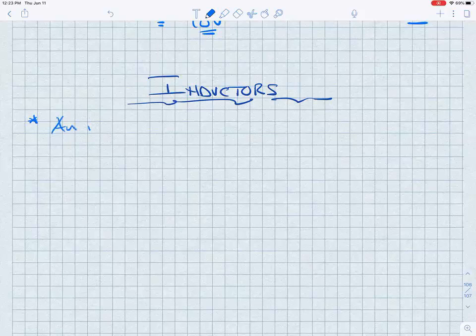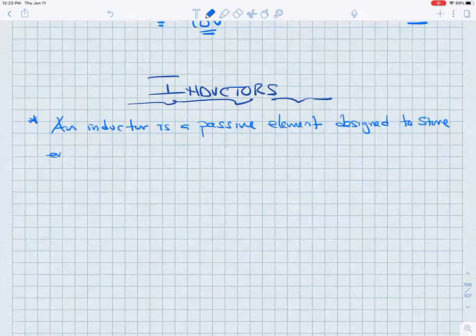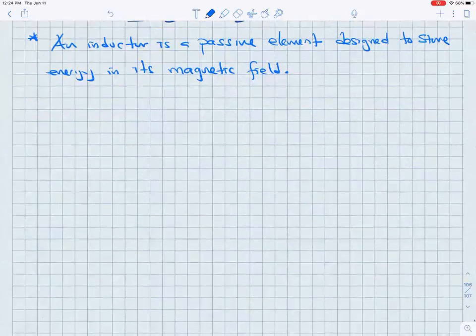So an inductor is designed to store energy in its magnetic field.